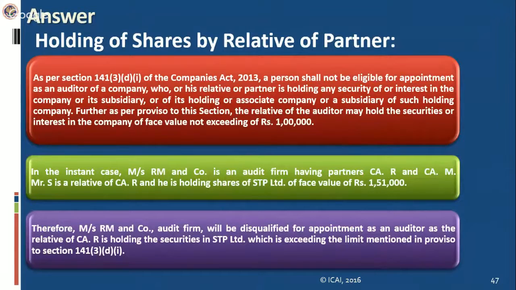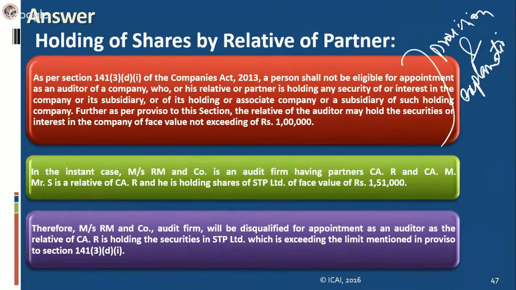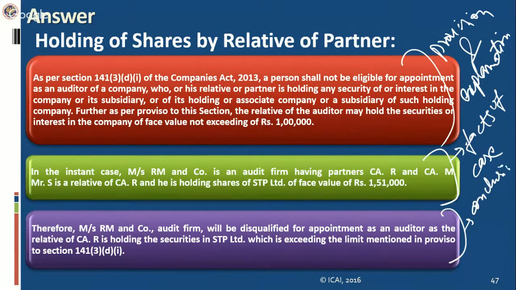Here in para 1 is explaining the provisions part. First, you need to write the provision and explanation, which is attracting the case study. Then you have to write the facts of the case, and then the conclusion.